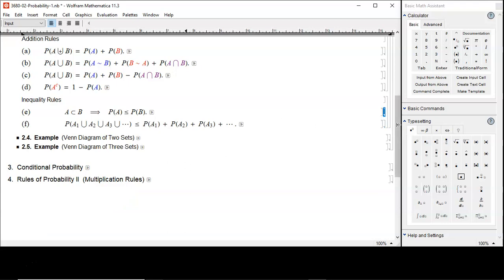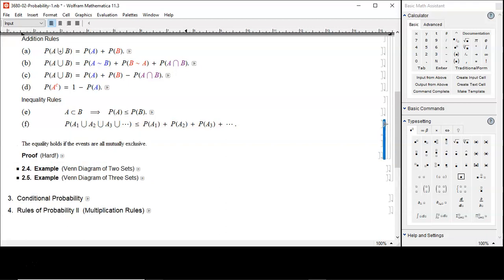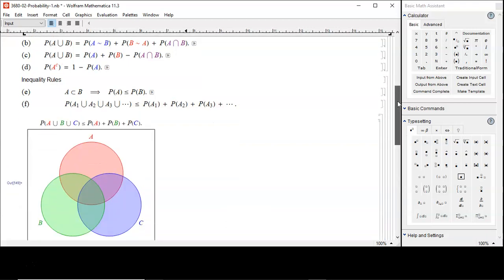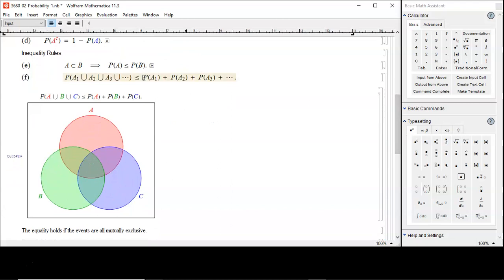Now, how about this? If you have a union of a bunch of sets or events, then compare the probability of the union versus the sum of those probabilities. If they're all mutually exclusive, then we have equality, and that comes from the third axiom of probability. But in general, we have overlaps here and there, so many are doubly, triply or quadruply covered. So the sum is actually bigger, as you can see here.